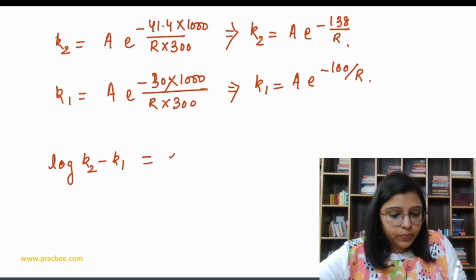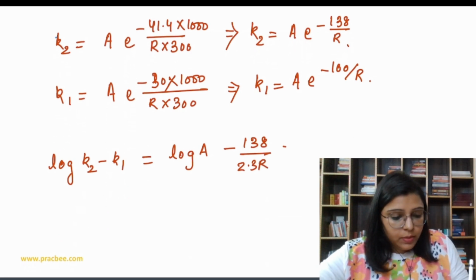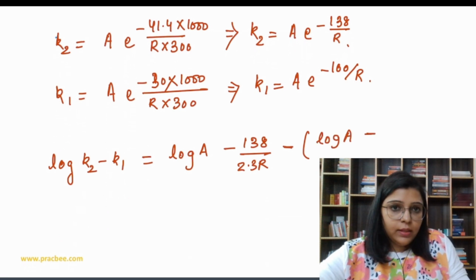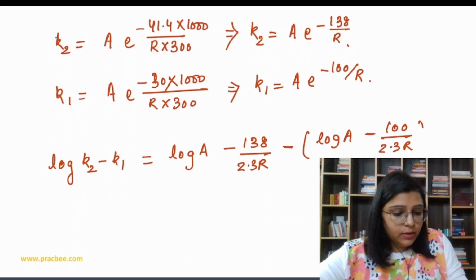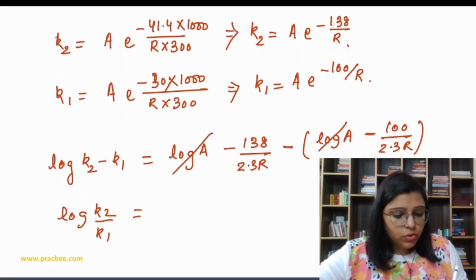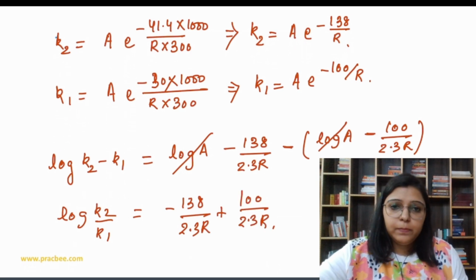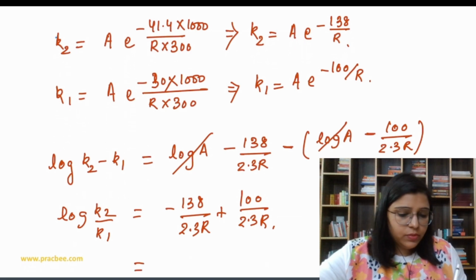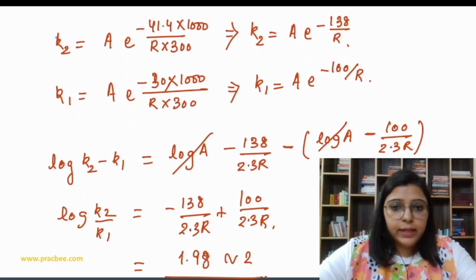On solving this, we get log A minus 138 upon 2.3 R, minus log A, then minus 100 upon 2.3 R. So log A cancels out, and we get minus 138 upon 2.3 R plus 100 upon 2.3 R. On solving this, we get around 1.98, which we can round off to 2.